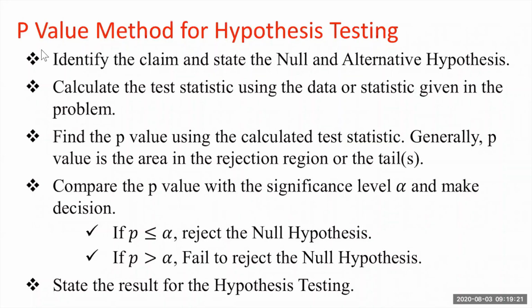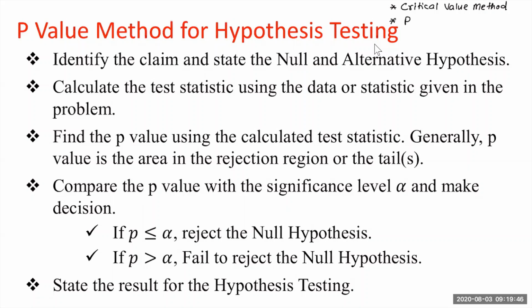Now we are going to discuss the p-value method for hypothesis testing. There are several different methods for hypothesis testing. The very widely used traditional method is called the critical value method. That is the first way of performing hypothesis testing.